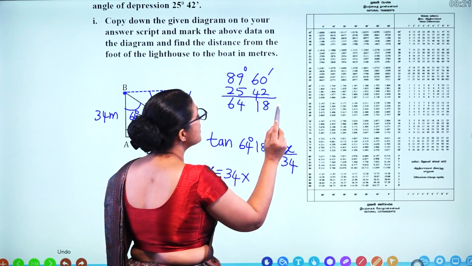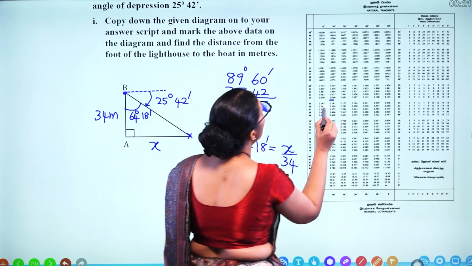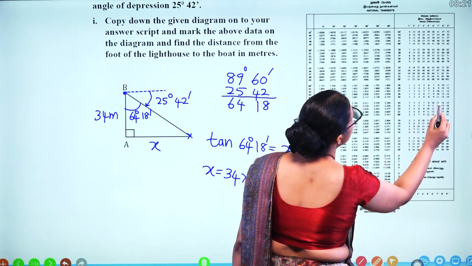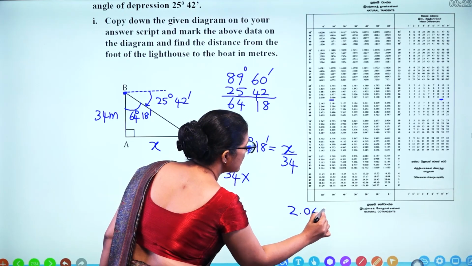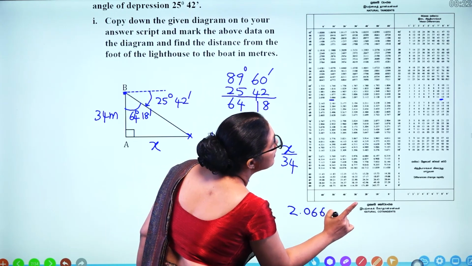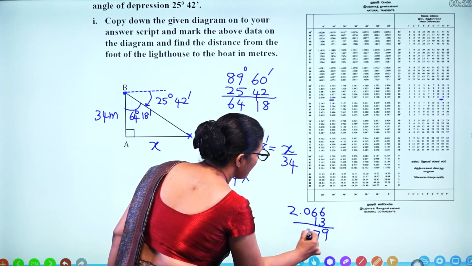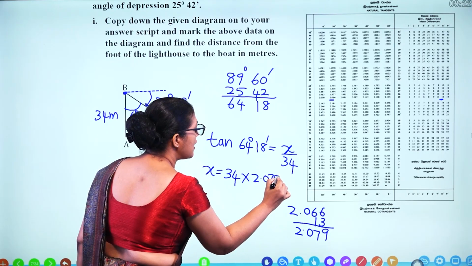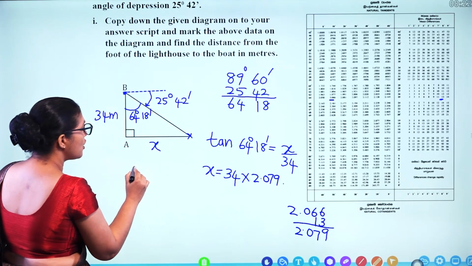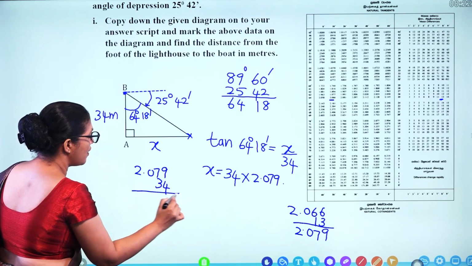You have to refer 64, 18. 64, 10, 8. That's 13 you have to add. 2.066 add 13. You get 2.079. Now multiply by 34. 2.079 multiplied by 34. 30 and 4.